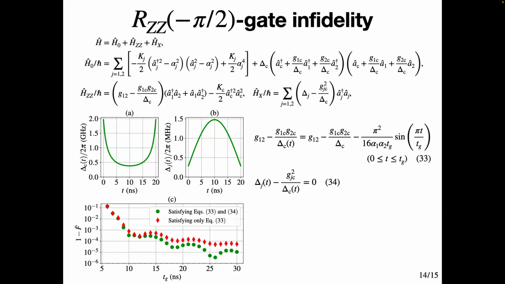And the result is here. Green circles are obtained by satisfying both of these 2 equations.